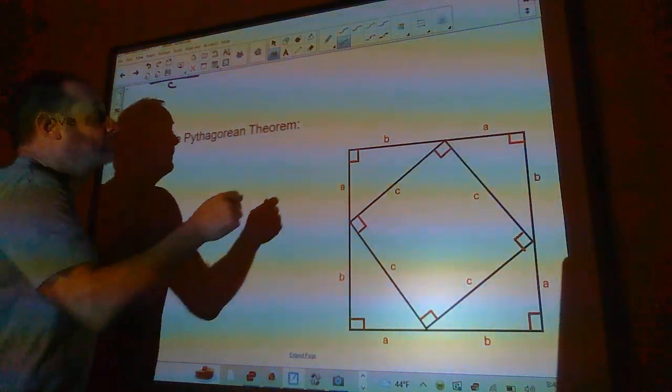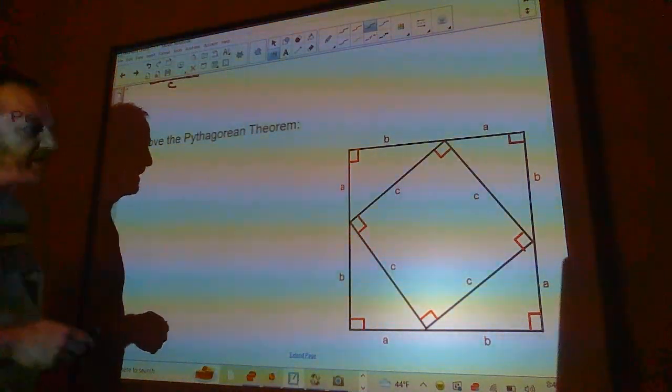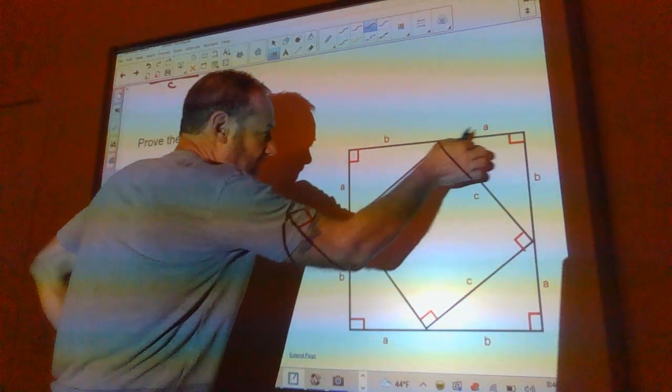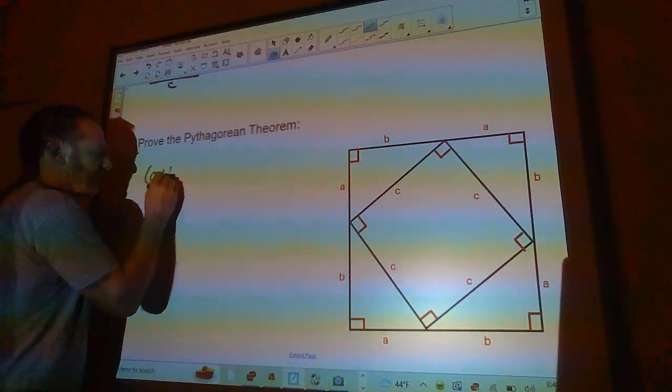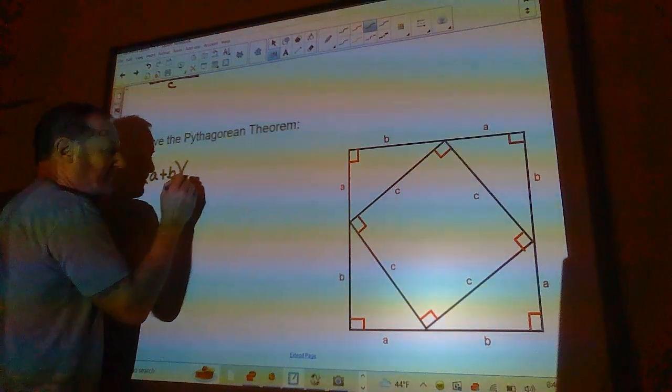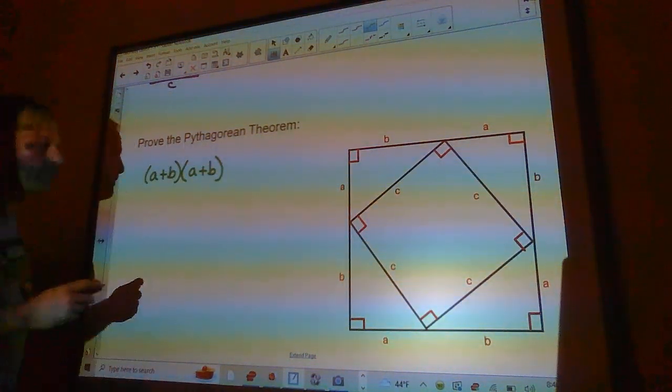Okay, so here's what I can do. I can find the area of this big square. That's going to be the base, which is a plus b, times the height, which is also a plus b.